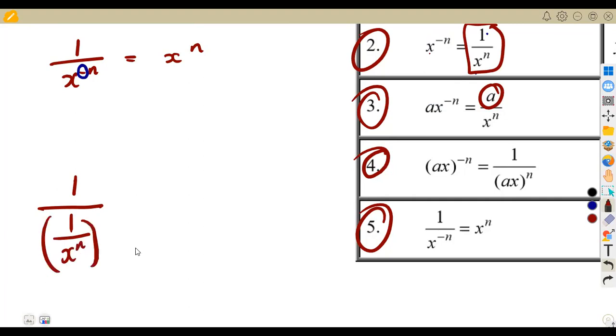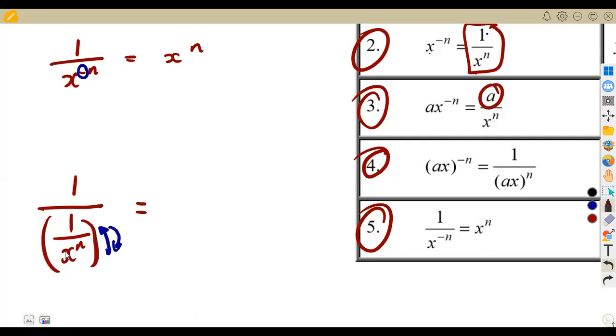But if you go back to the introduction of algebra, we talked about the reciprocal of a number. 1 over a fraction like this means the inverse of it, and the inverse means you simply interchange these two. 1 over a certain number means the inverse.